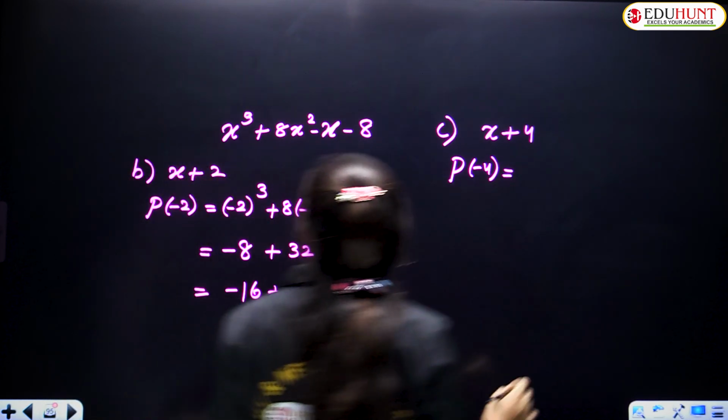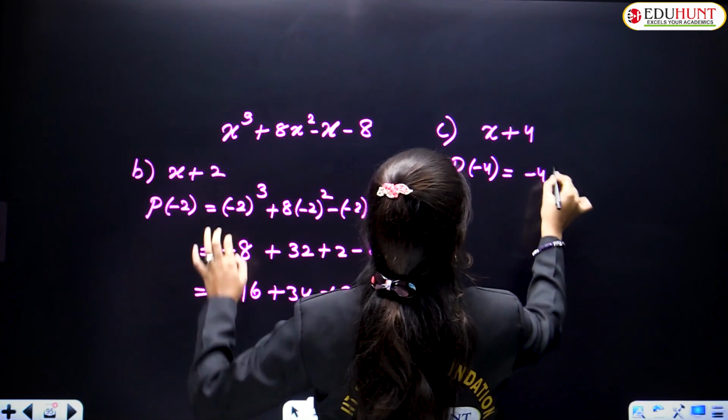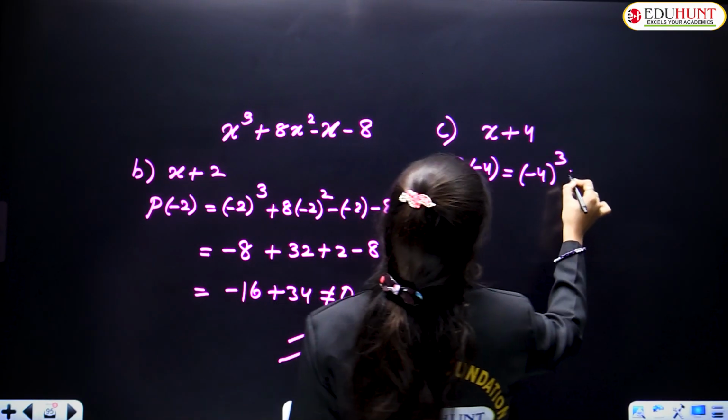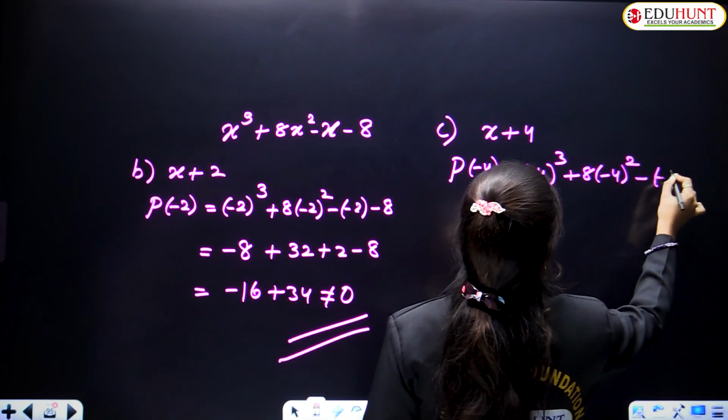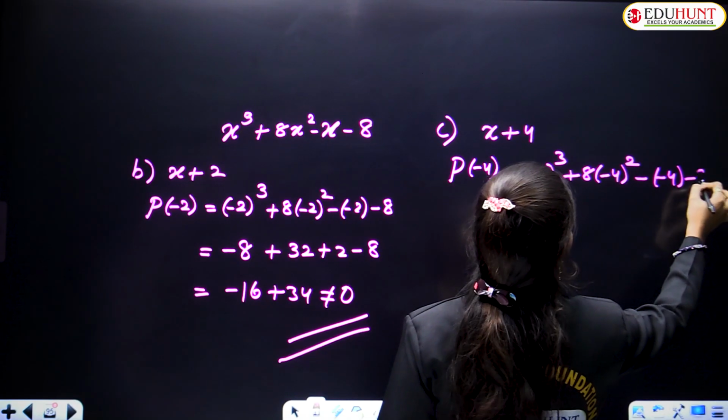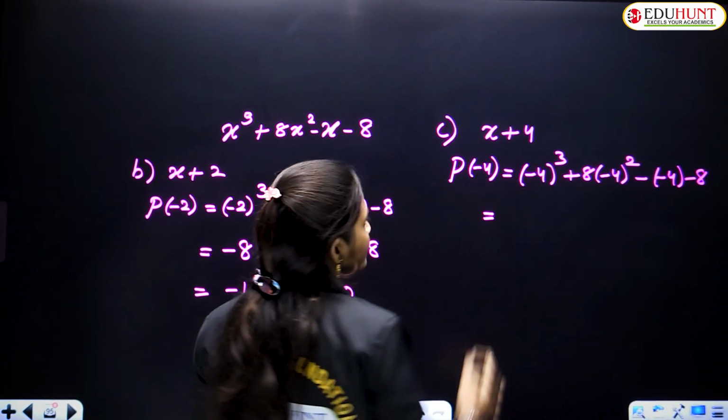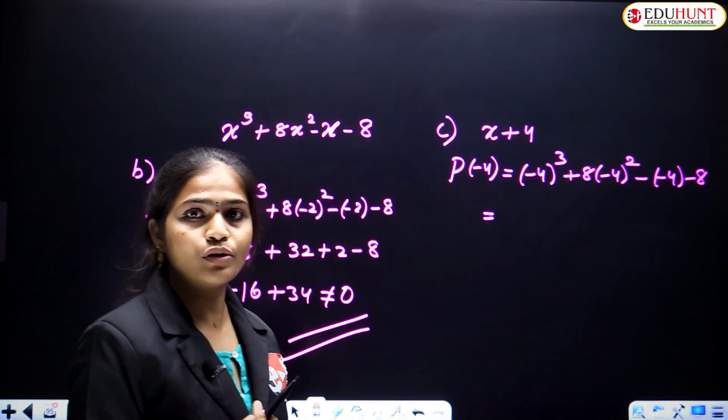So, let us say minus 4 whole cube plus 8 into minus 4 whole square minus of minus 4 minus 8. Which is equal to minus 4 whole cube.